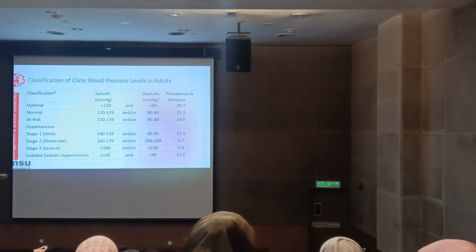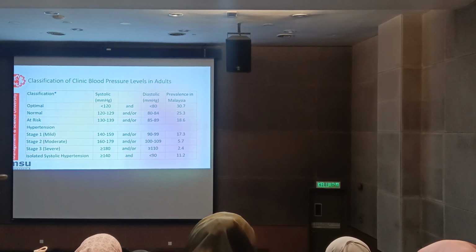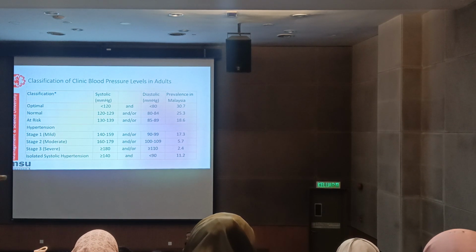Normal can be average, since there are several factors: the device, the position, the time. So from 120 to 129 systolic and from 80 to 84 diastolic is the average for normal blood pressure.